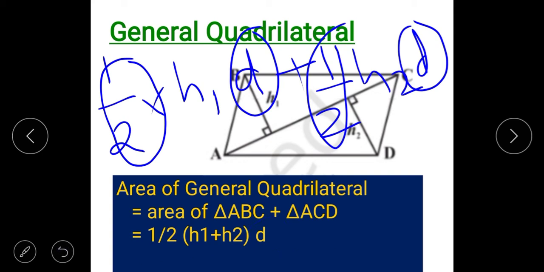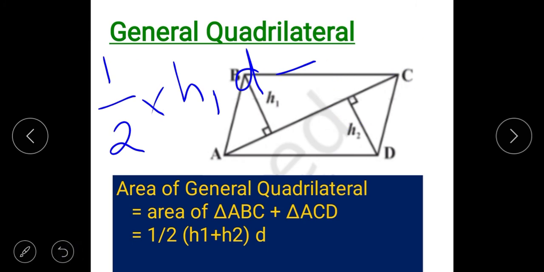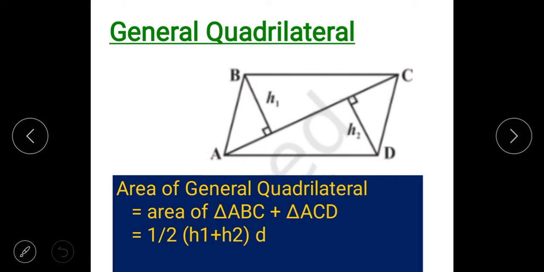Okay, now you have the formula of area of general quadrilateral: half the sum of the two perpendiculars into diagonal, half h1 plus h2 into D. D is the diagonal and h1 and h2 are the perpendiculars on this diagonal to the respective vertices.